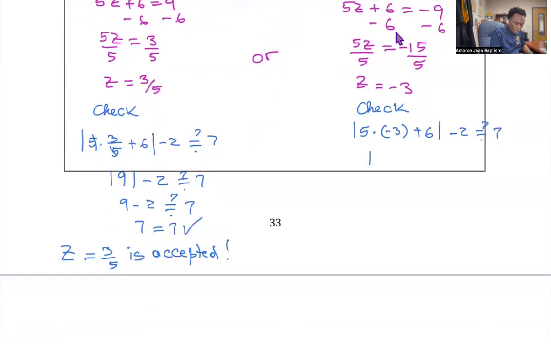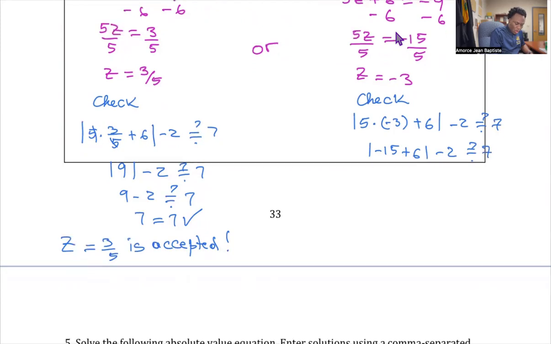So the absolute value of -15 plus 6, minus 2. Is it 7? So the absolute value of -9 minus 2.